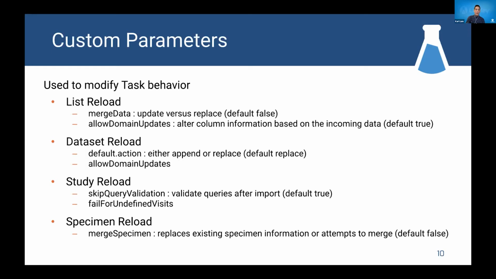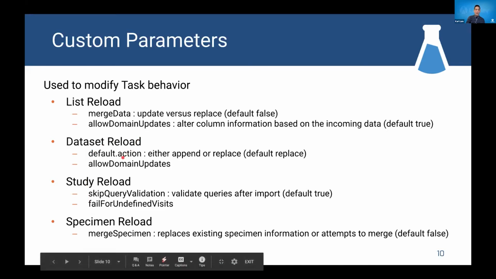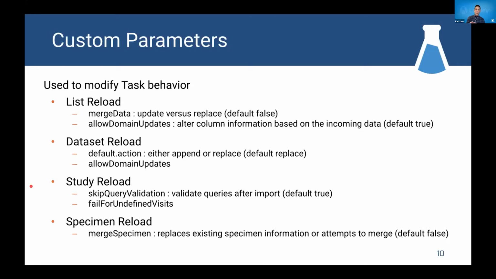For example, for lists and data sets, the default behavior is that when data is loaded or reloaded, we will completely replace all the data. Sometimes this is not desirable, and so you can control this via the merge data parameter or the default dot action. If we're updating, then it's only going to add new fields and update existing fields.